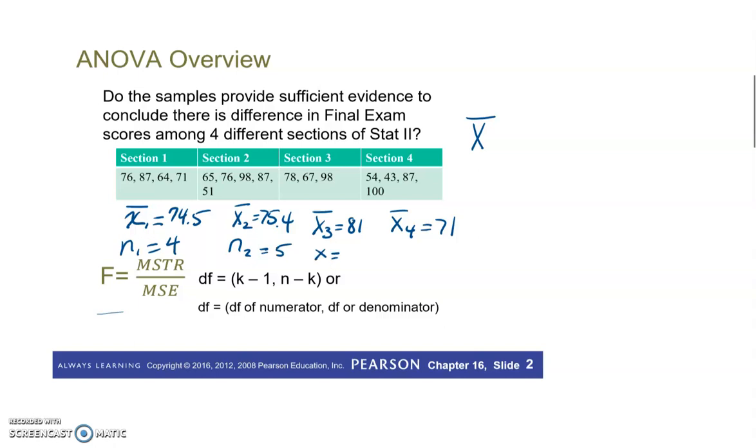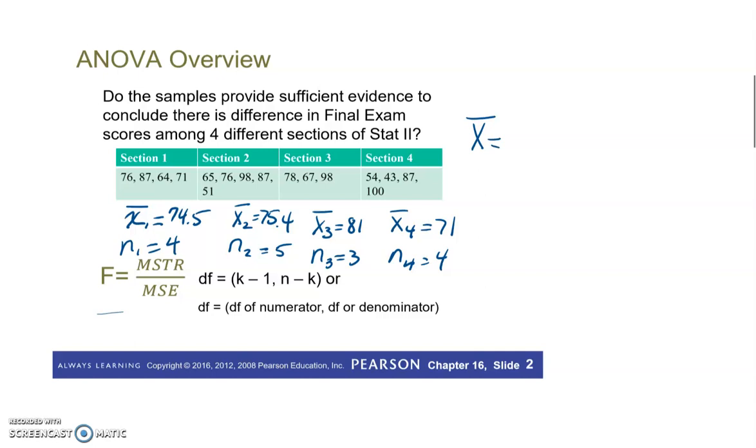It's going to depend on the sample size. You cannot just add up the 4 means and divide by 4 because they're weighted differently, as the sample sizes are different.